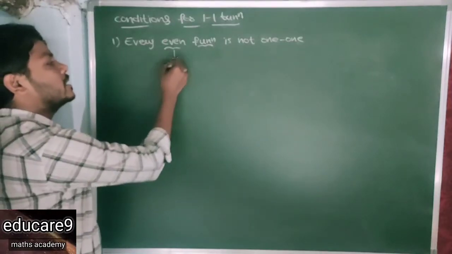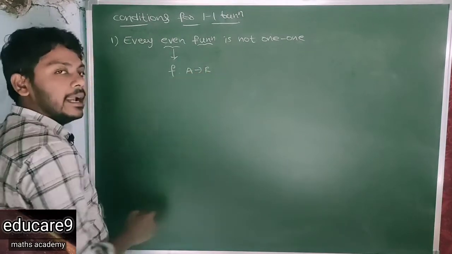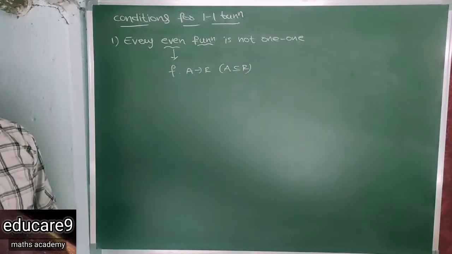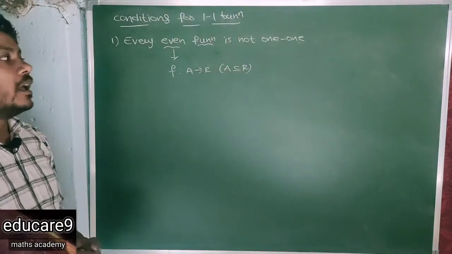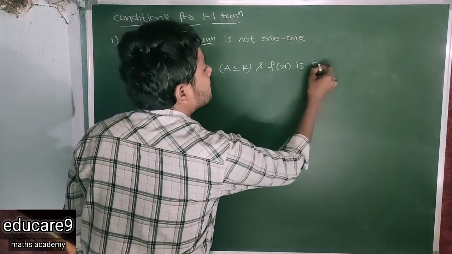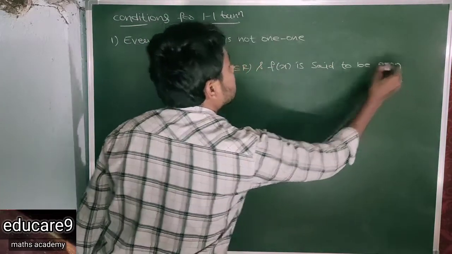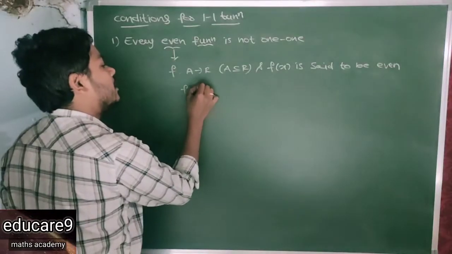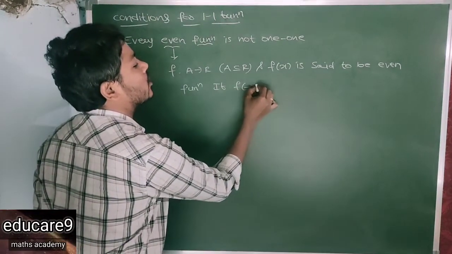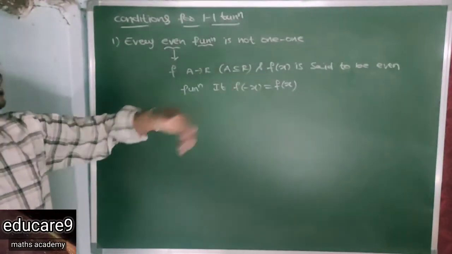An even function means, if f from A to R, where A is a subset of R, then f of x is said to be an even function if f of minus x is equal to what? f of x.